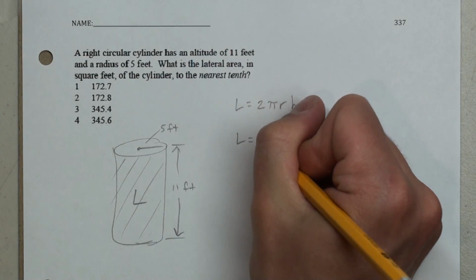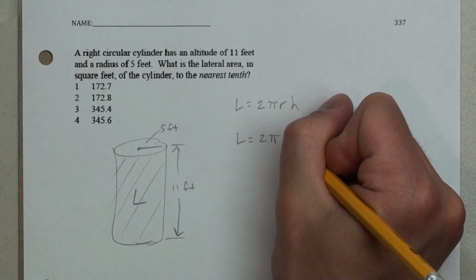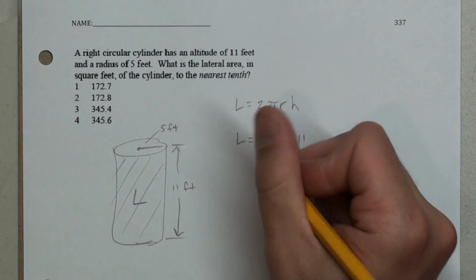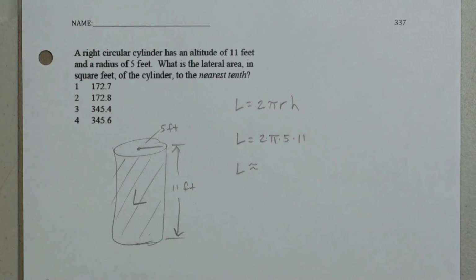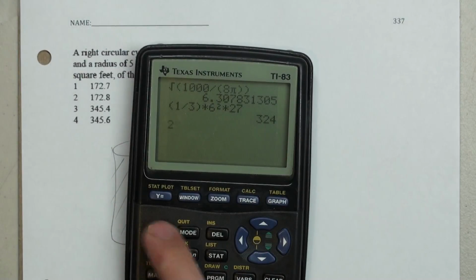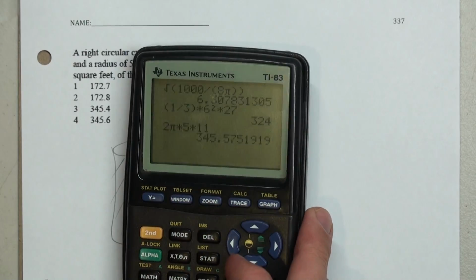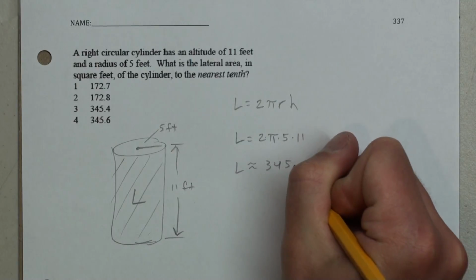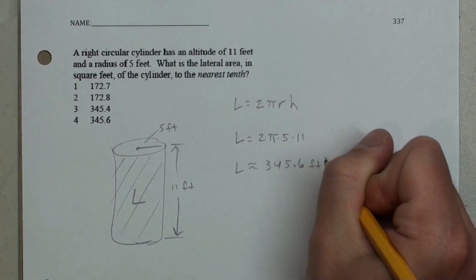So L equals 2 pi 5 11. And it wants the nearest tenth, so it's approximately 2 pi times 5 times 11, 345.6 feet squared.